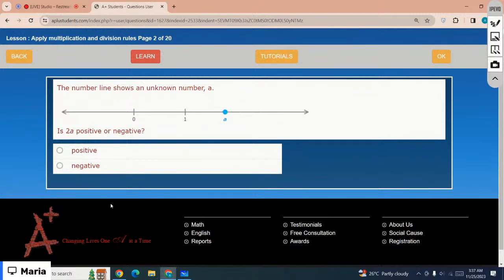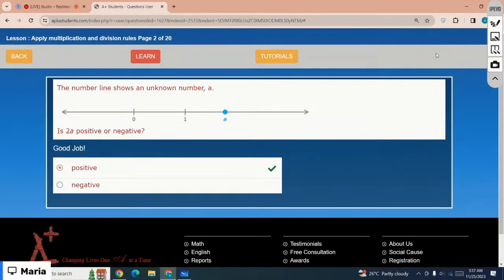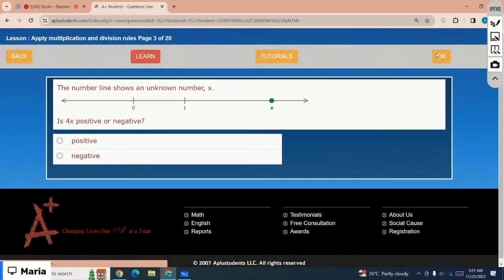Yes, it is positive because a is positive, and 2 is positive, right? So when you multiply two positive numbers, the answer is positive. These are basically the rules.